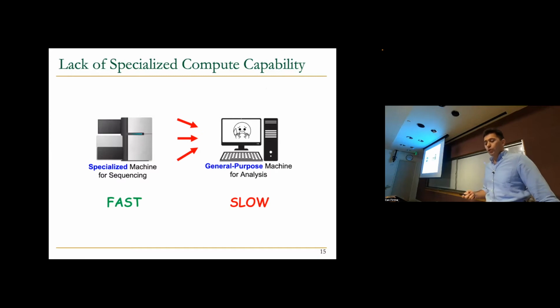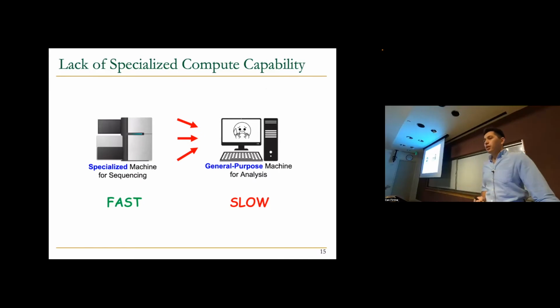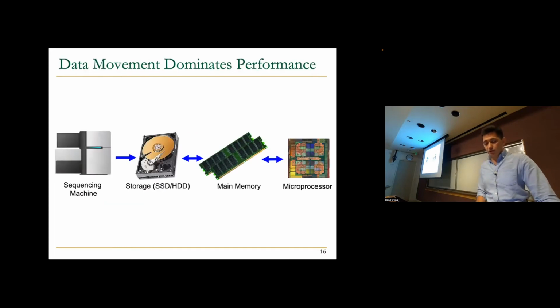So in our group, we're looking into a lot of approaches where we can co-design hardware and software so that we can reach the throughput of the sequencing technologies, so that we can rapidly process the genomic data and analyze them so that we can quickly find answers, especially for the life critical scenarios.